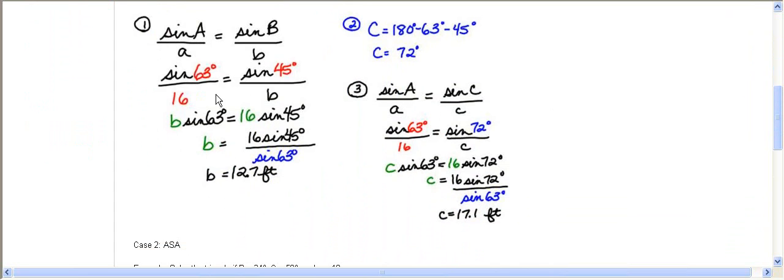So we have sine of 63 degrees over 16 is equal to sine of 45 degrees over B.